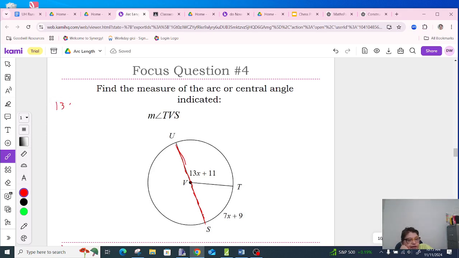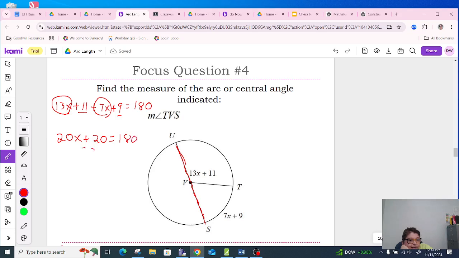So 13x plus 11 plus 7x plus 9 has to equal 180. And so I'm going to combine my like terms. 13x, 7x is 20x, plus 11 plus 9 is 20 again, is equal to 180.